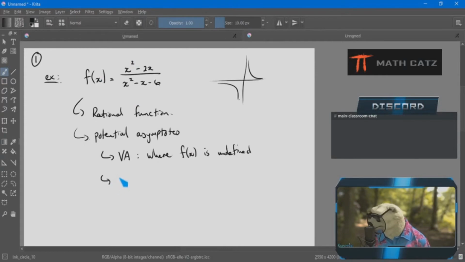And also horizontal asymptote, that is when x is going to go far in either direction. What is happening to the graph? And that's very much a question that is going to have something to it in the case of a rational function. And then, of course, I can do the y-intercept just to get my graph started.